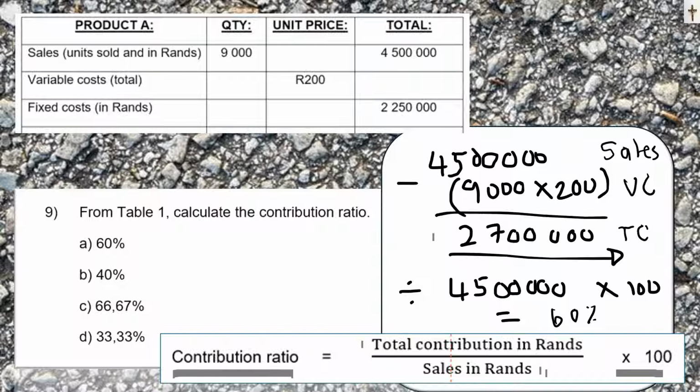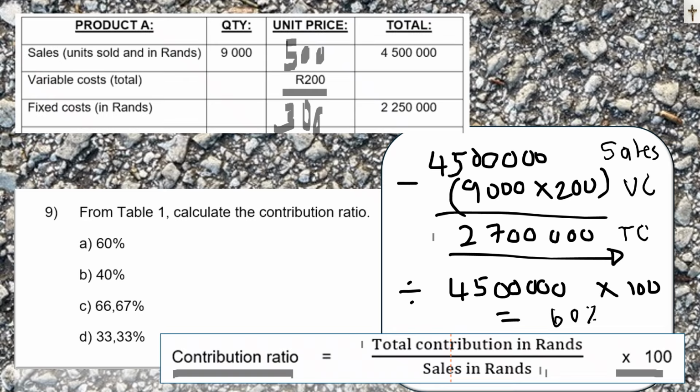Now if you remember correctly, in the previous example, the total contribution per unit was 300. Now what they want is the total contribution for all the units.